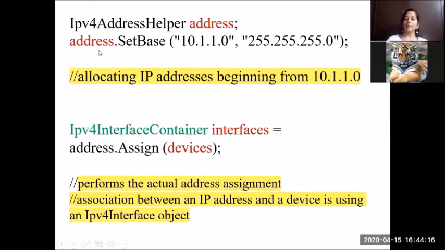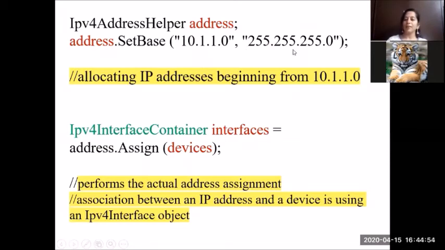Next, as we did before, we'll use the object name and we'll call a method. What is that method? It's called set base. What will it do? It will set the base address for the link. So in the first point-to-point link, if you remember in the diagram I showed, the base address is 10.1.1.0. So I have to specify what is the address of the first point-to-point link between node 1 and node 2, or node 0 and node 1, whatever you want you can call.